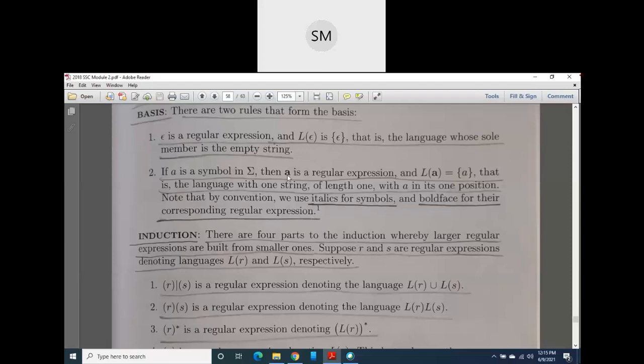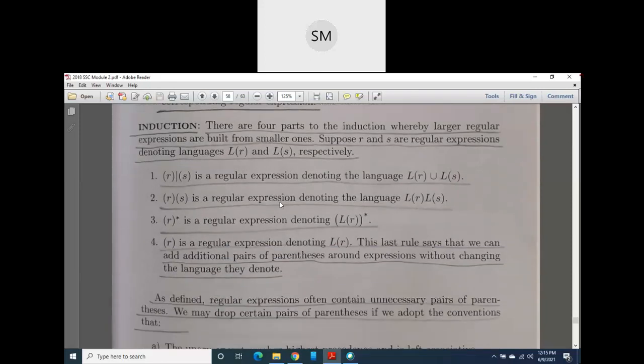To avoid confusion between this A and that A, they have made this differentiation, that's all. The italic A is a symbol, the bold letter A is a regular expression. Remember, regular expression is written in bold, and symbol is written in italics. Clear? So these are the two rules in the basis.